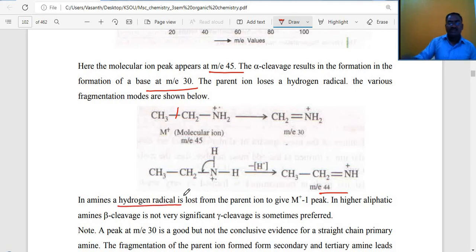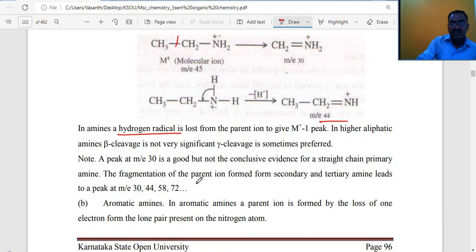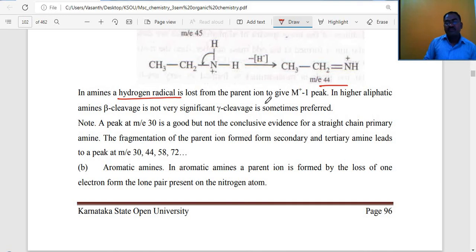In amines, a hydrogen radical is lost from the parent ion to give an M-1 peak. In higher aliphatic amines, beta cleavage is not very significant; gamma cleavage is sometimes preferred.